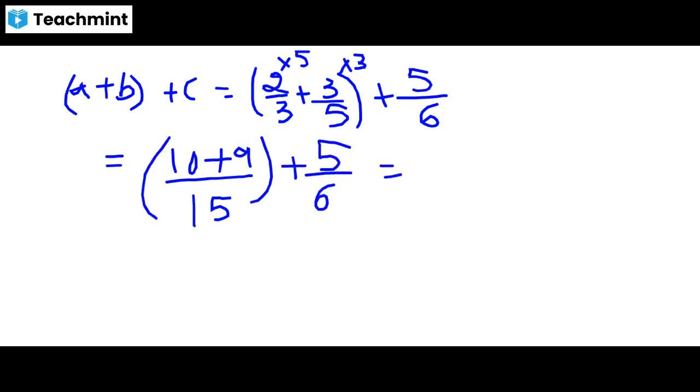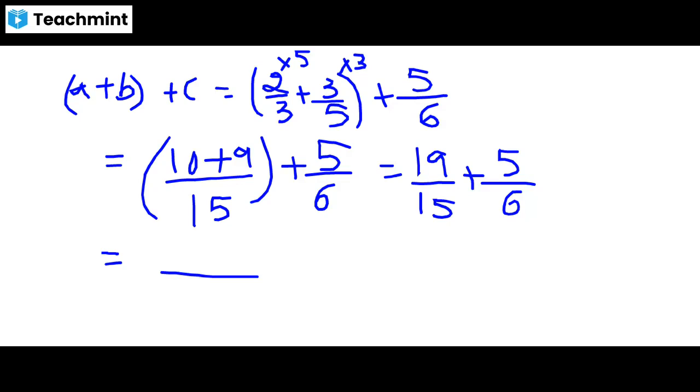So what you get here? 10 plus 9, 19 by 15 plus 5 by 6. Now again take the LCM of 15 and 6. What is the LCM of 15 and 6? 30.